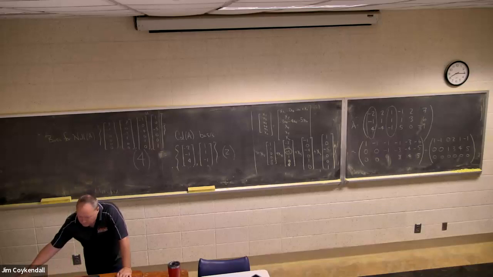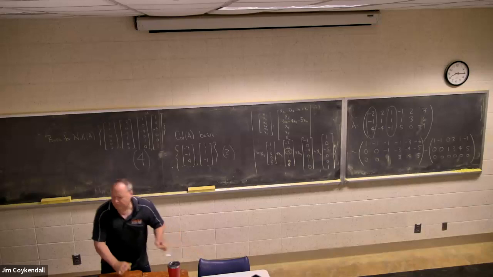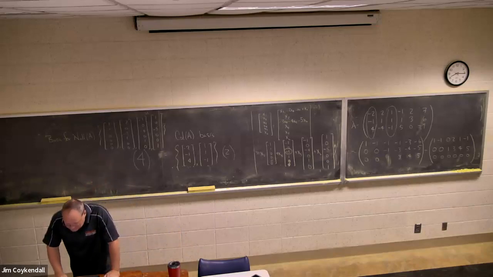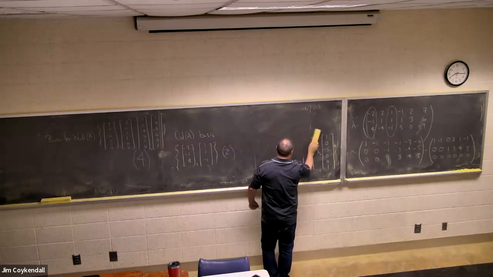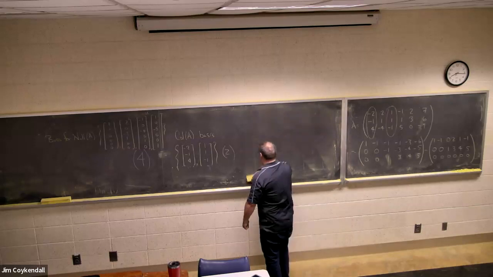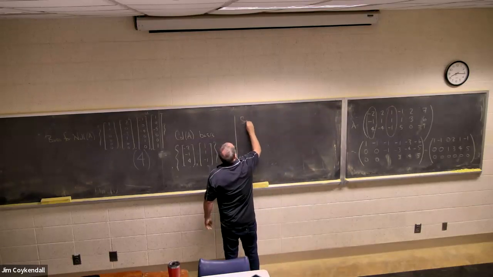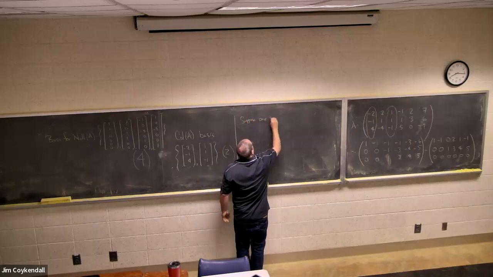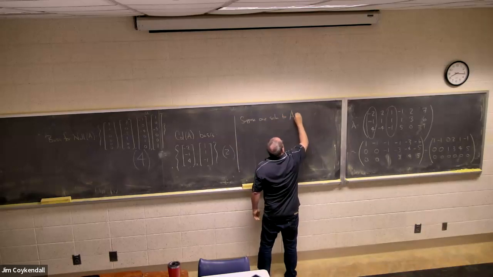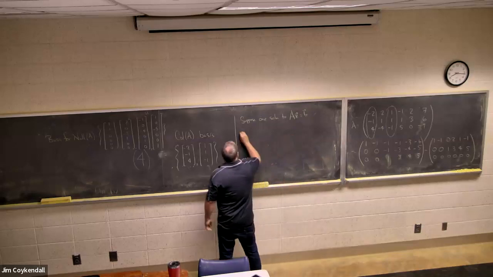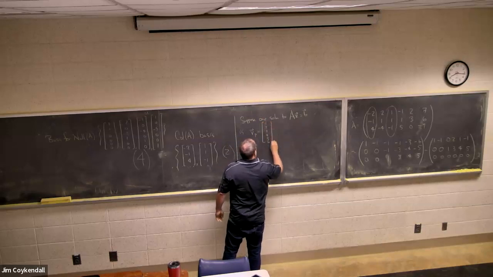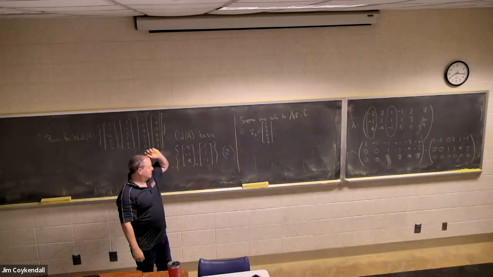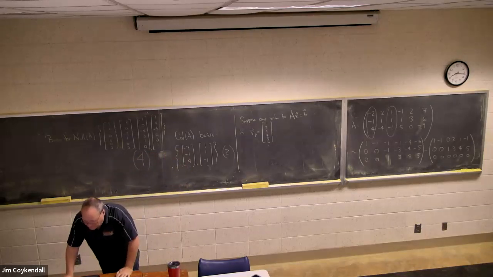Okay, and at long last, I think we've gotten to what you were curious about. Suppose one solution to AX equals B is given; find the general solution.